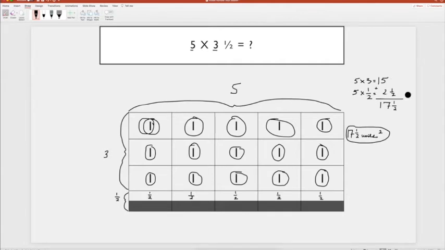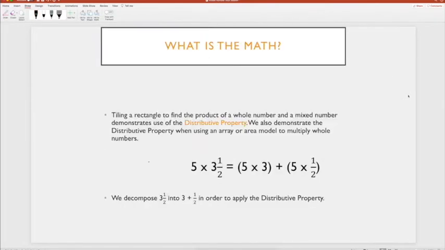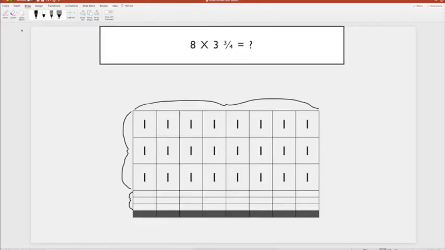We see that? Cool. So we decomposed 3 and a half into 3 plus 1/2 in order to apply the distributive property. Here's the 3, here's the half. Okay? All right. So let's do this one here.